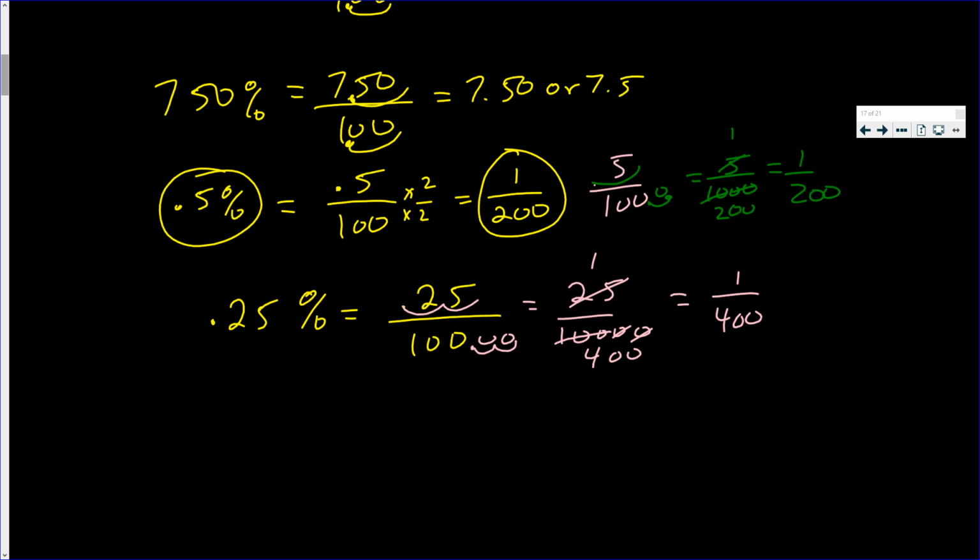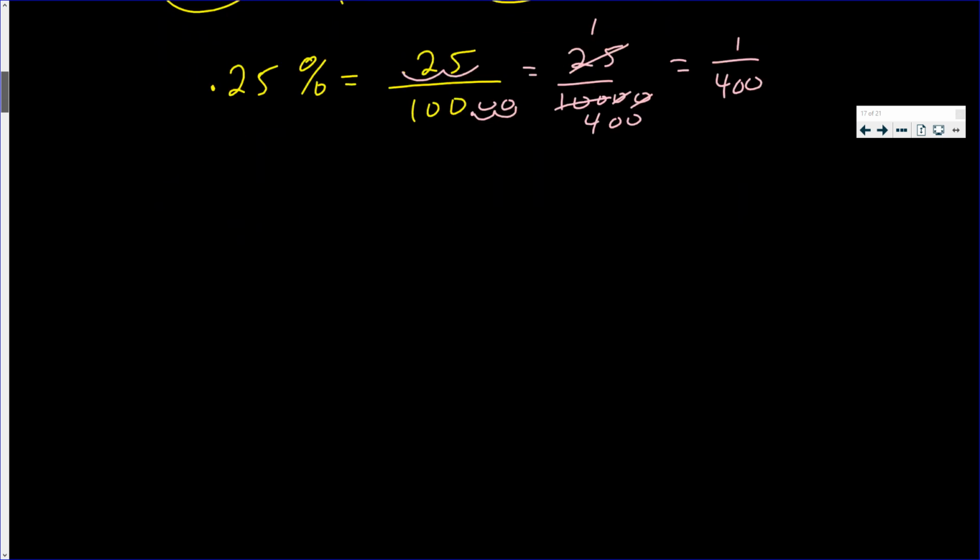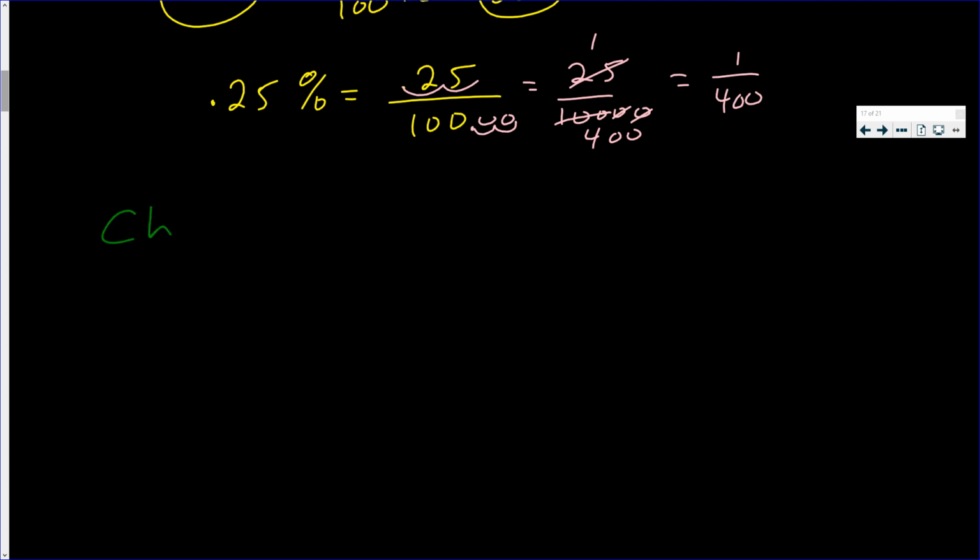How about we change your decimal number to a percent? Change your decimal or any number to a percentage. Okay, so suppose you have 0.78. You want to change the way it looks.